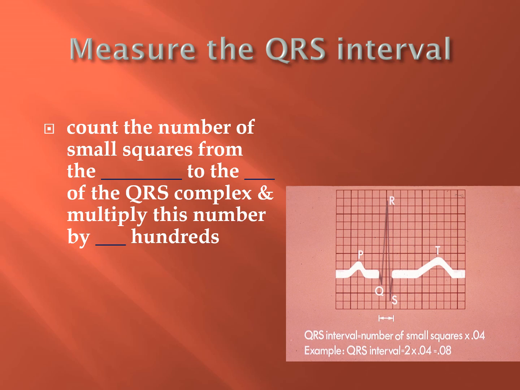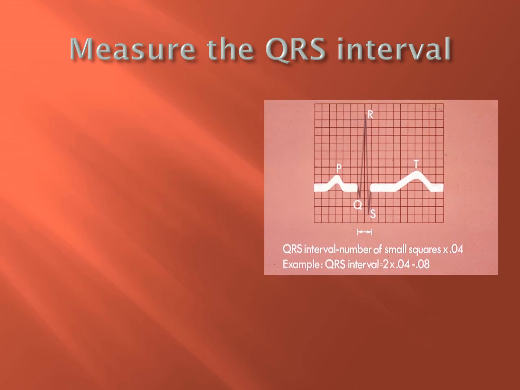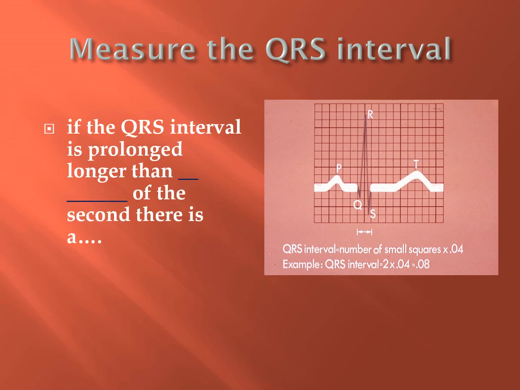And then you need to remember what's normal for this interval. Normal should not be any longer than 12 hundredths of a second. So 0.08 is perfectly within range. Please remember your normal ranges, especially when you're going to take this test.